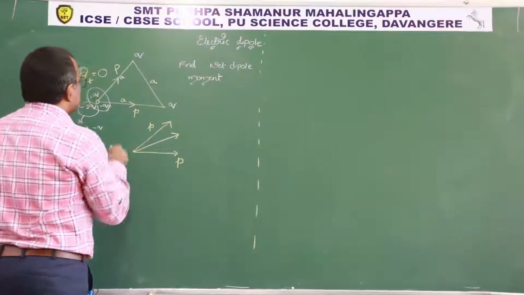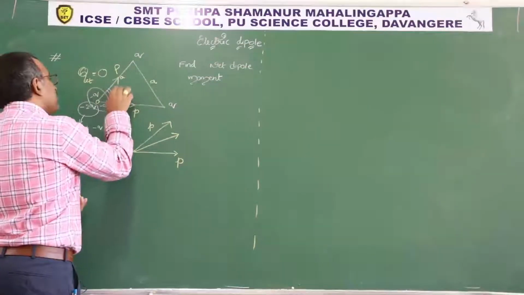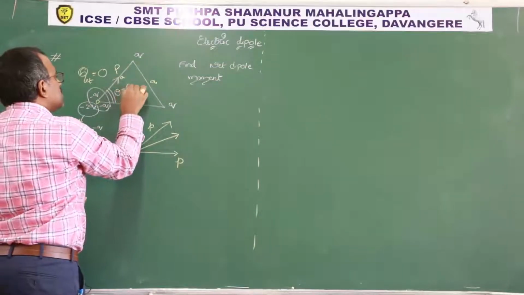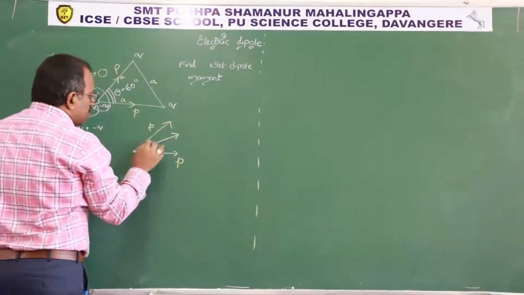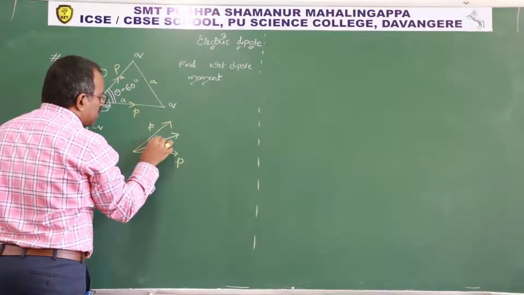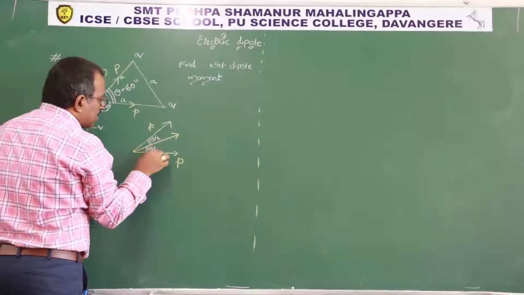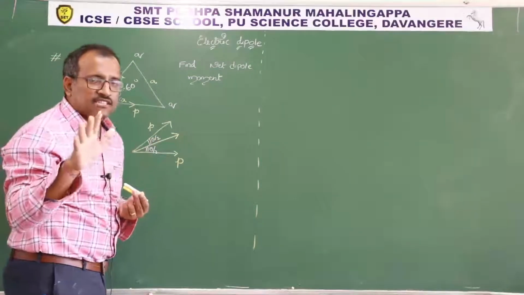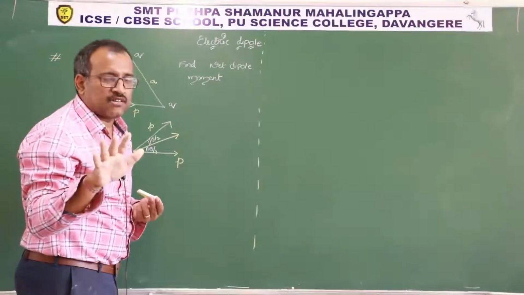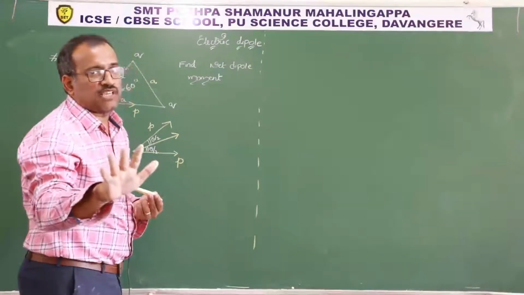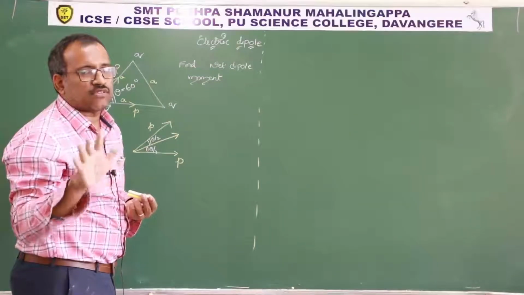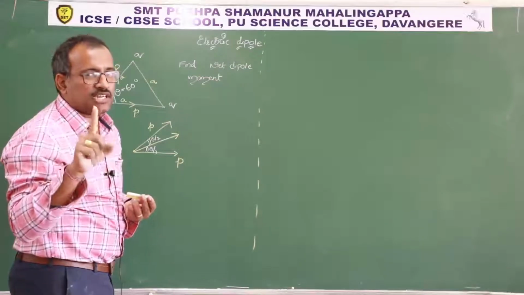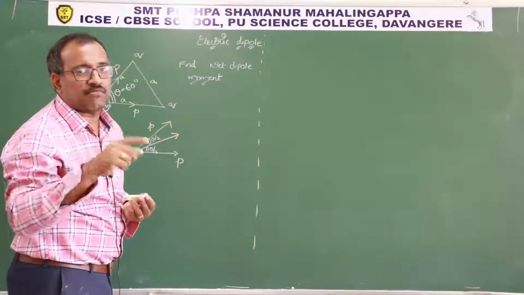So what was the answer? If this is theta, this is 60 degrees, but for the bisector, this will be theta by 2, this will be theta by 2. Touching and non-touching sides are very important.